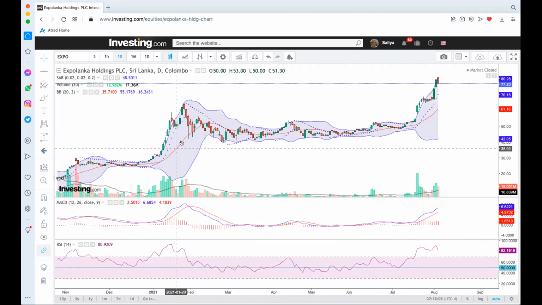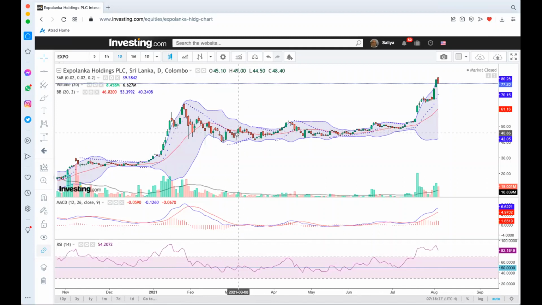I mentioned that this middle line is the 20-period simple moving average that can be used for two reasons. One is the crossover up and down, or otherwise the support or the resistance. At this point, we can see that there is no crossover.